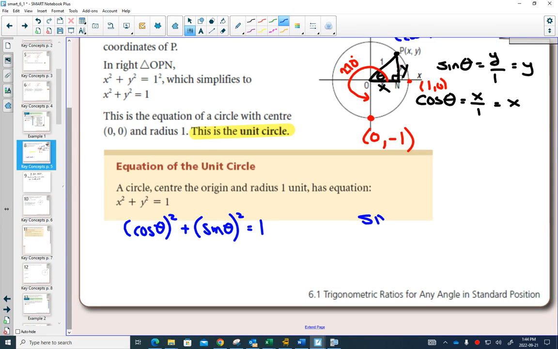but what's the problem if I take the bracket away? How do you tell? Does this mean the whole thing is squared? Or does this mean just the angle is squared? Right? It's problematic. So they said, okay, we have a way to get rid of this problem.